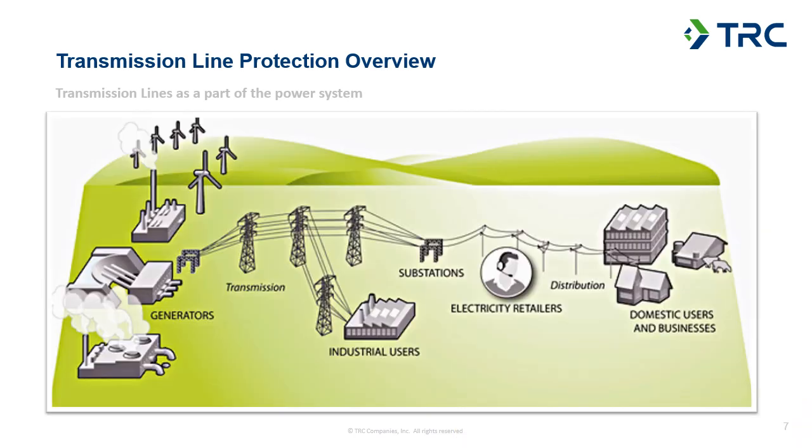This is shown in the very simplified picture here, where we've got a bunch of generation off to the left side of the picture, and that generation is producing the power. It's transmitted through the transmission system up through a substation on the generating side, steps down through a substation on the distribution side, and then goes out to feed your radial customers.